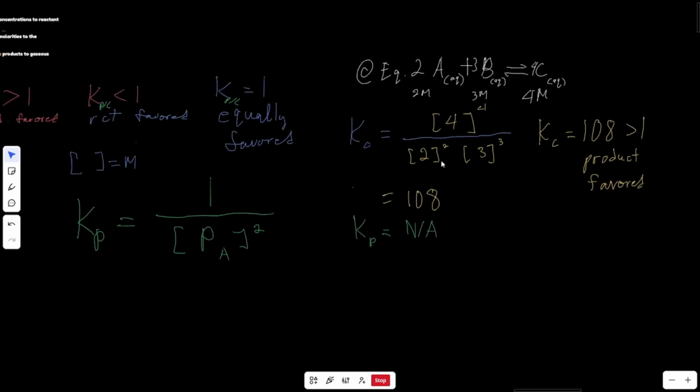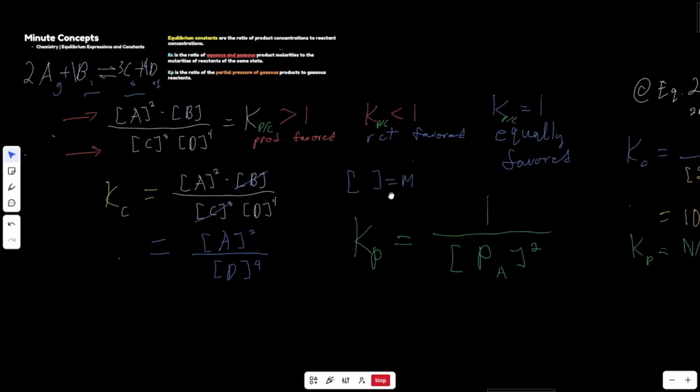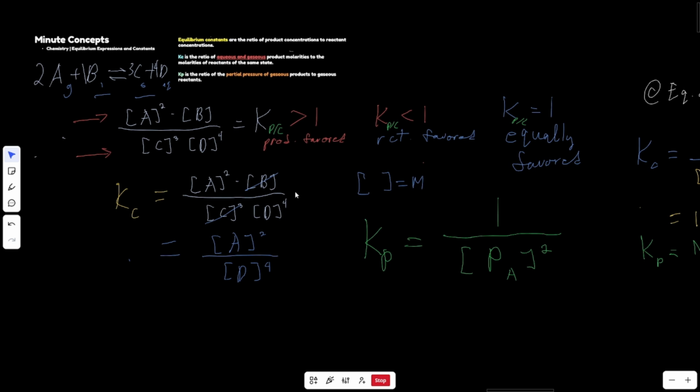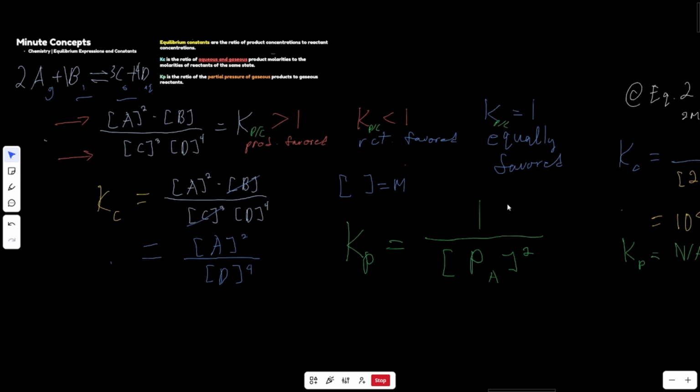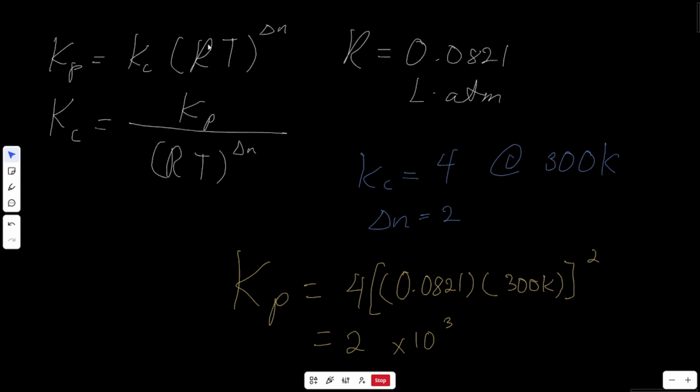For Kc, we do not include pure solids and pure liquids, and for Kp we only include gaseous constituents of our reaction. And Kp and Kc are related to each other by the following equations, and that's it.